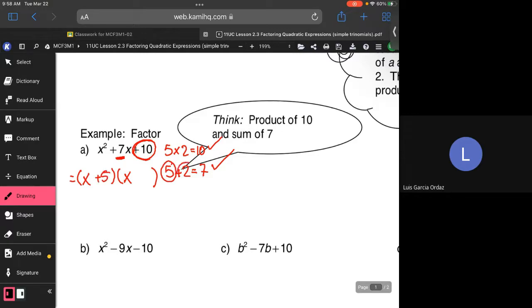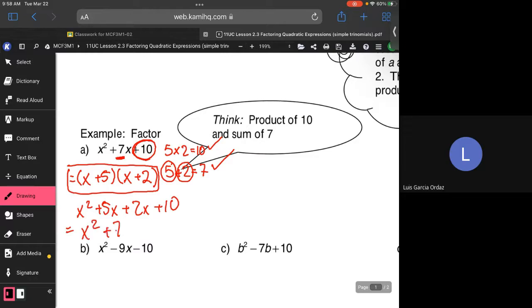And then positive 2, so it's plus 2. Because now, when I expand this or FOIL this, I'm going to get x squared plus 5x plus 2x plus 10. Okay, so this is if I were to expand it. And it's still going to give me x squared plus 7x plus 10.